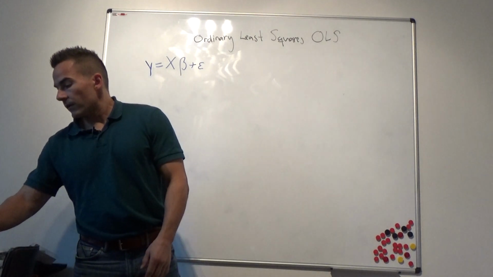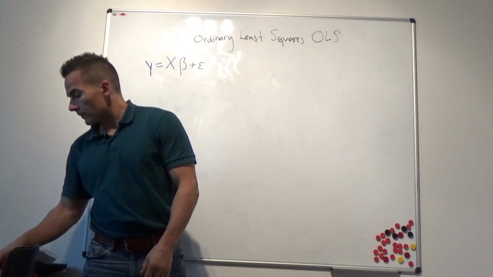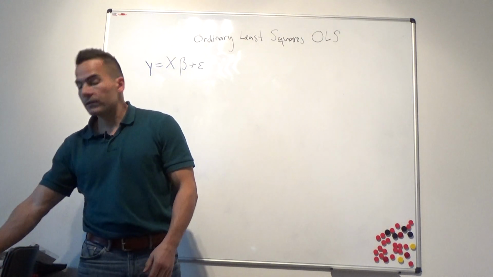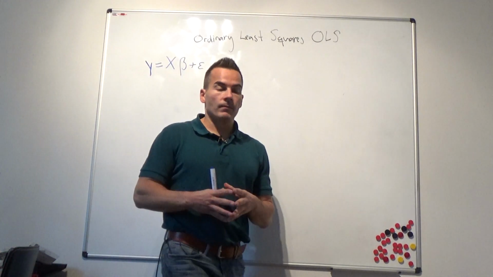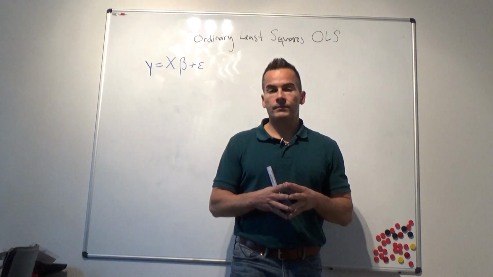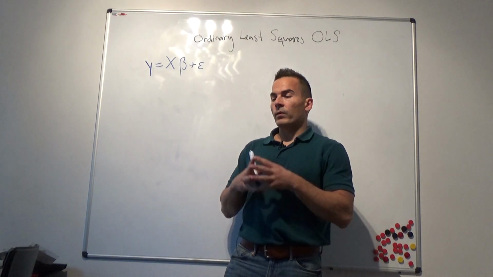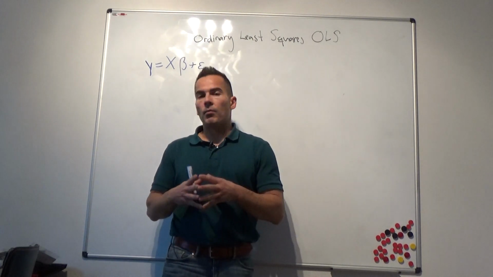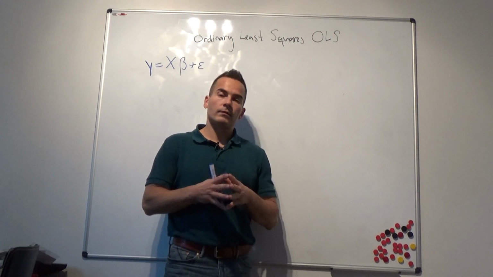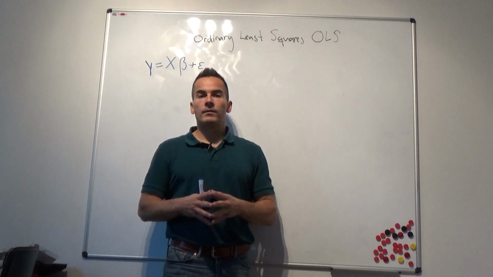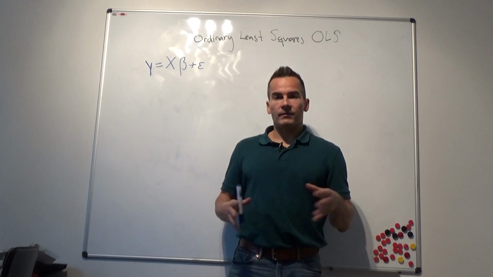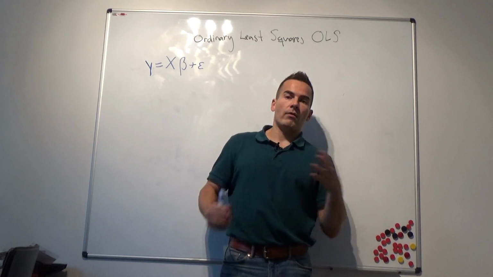The next thing that is important for us is to talk about the properties of our point estimator. We have to know how good our point estimator is. What's the expectation, so what can we expect, and what is the covariance matrix?